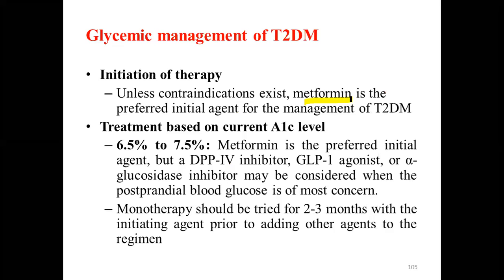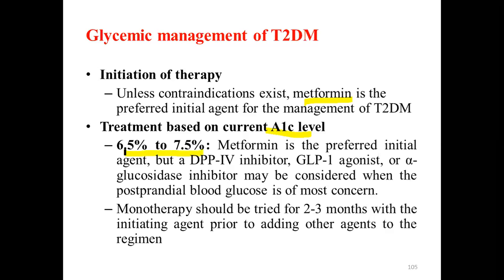According to the current guideline of the American Diabetes Association, the use of combination therapy or monotherapy is guided by the level of glycated hemoglobin.